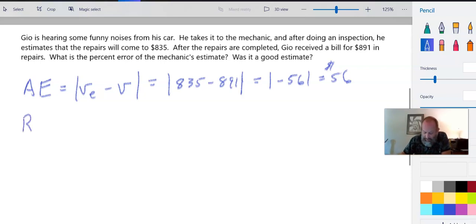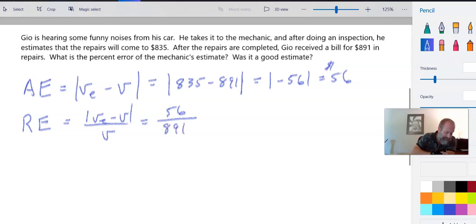Then we need the relative error. This is the formula for the relative error. We've actually already computed the numerator of this. We know it's 56. And the actual value was $891. So we need to take that, 56 divided by 891.